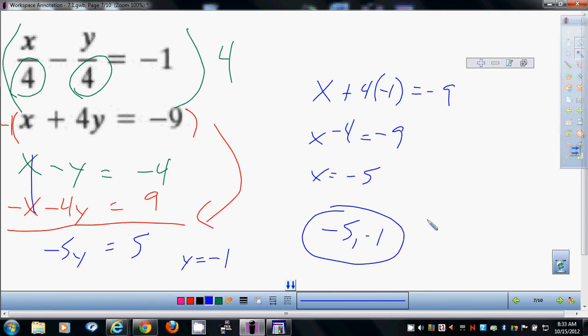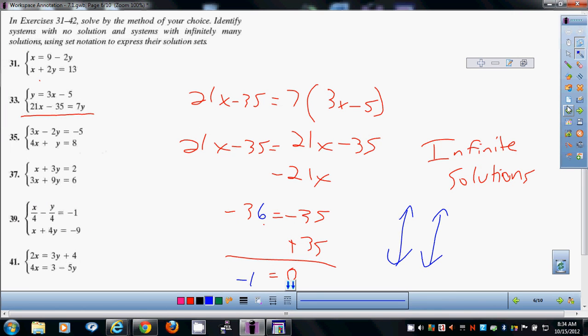Questions on that problem? Zach, you look really interested by this. Any other questions from this page somebody would like to see worked? I can.